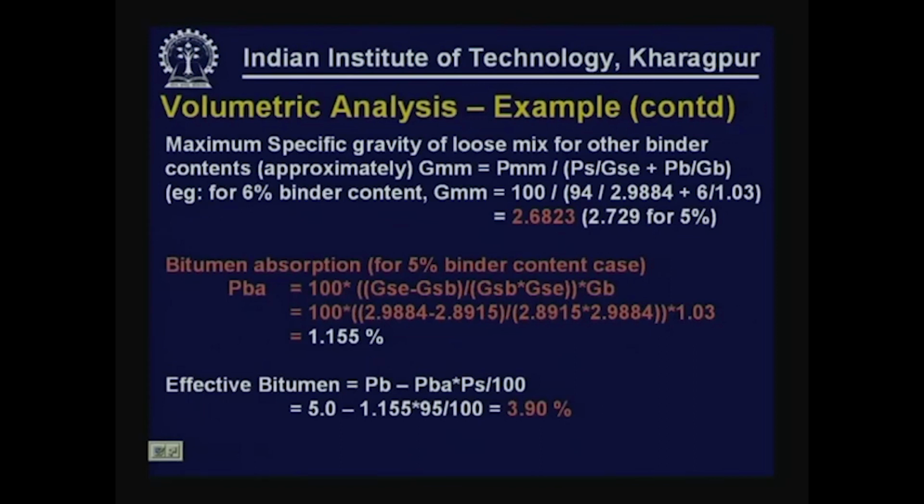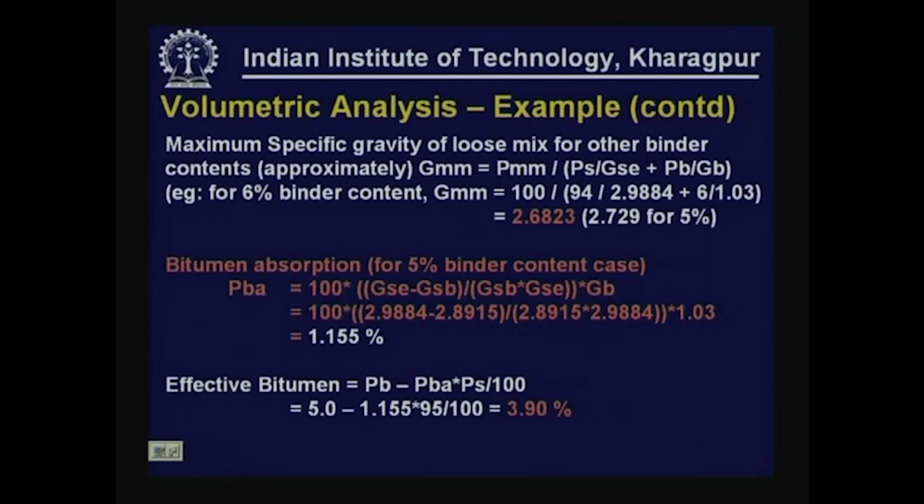The bitumen absorption, we can compare this with the specific gravity that we obtained for 5%, 2.729. Bitumen absorption for 5% binder content case can also be calculated using this expression, that is 1.155%.